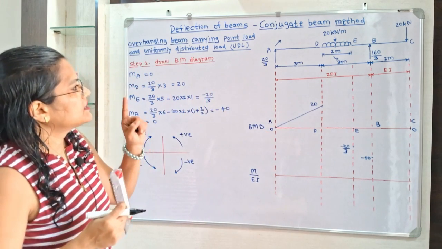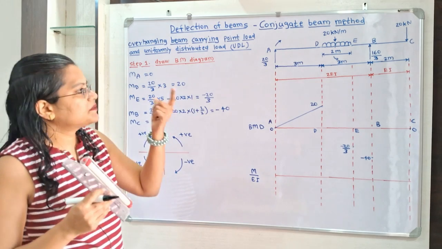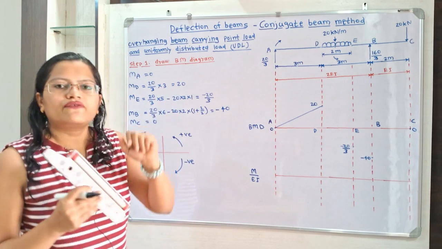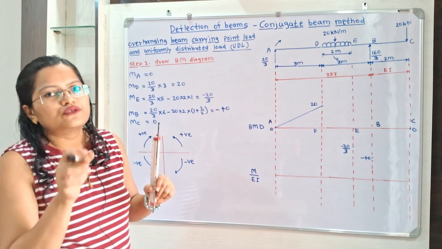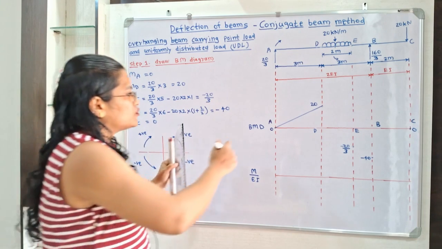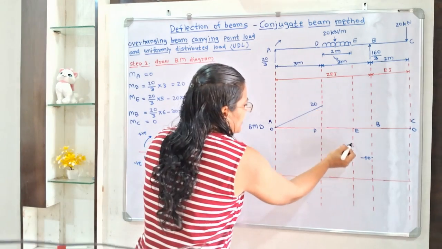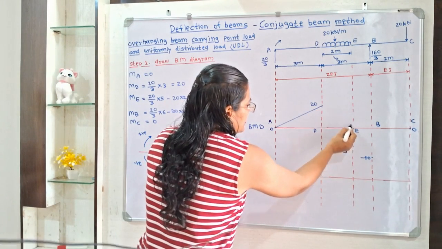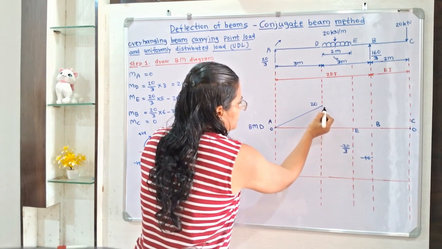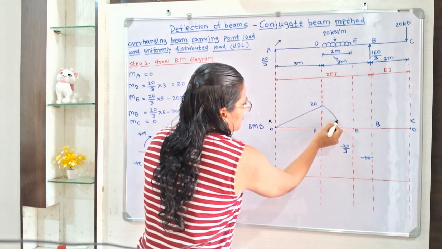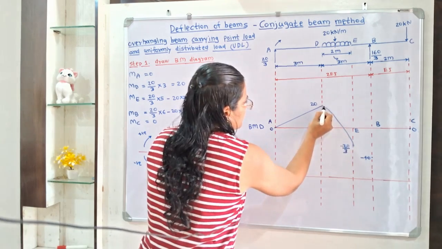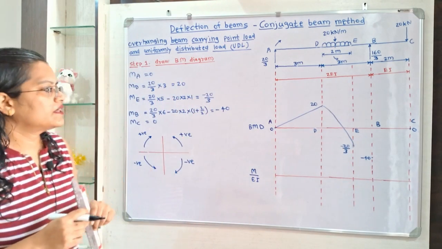Now for this span DE, there is a uniformly distributed load. So we have to show the parabolic shape. At point D here is plus 20, and at point E there is minus 20 by 3. So this is the parabolic shape.